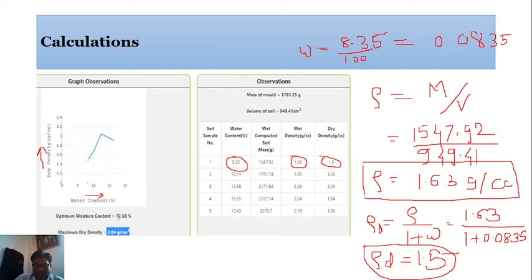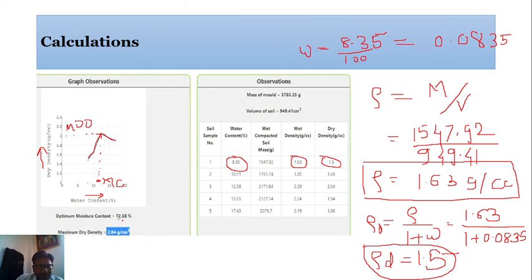After plotting the graph of dry density against water content, we get a particular graph like this. For the maximum value of the dry density, which is called the maximum dry density MDD, we find the optimum moisture content OMC.